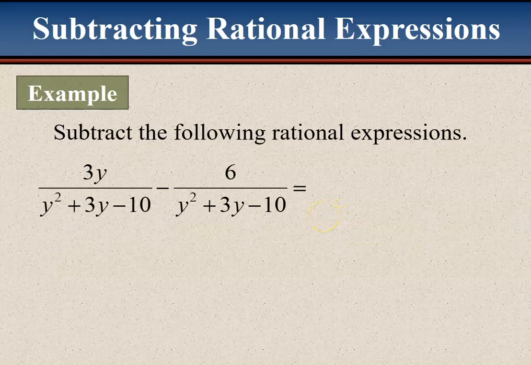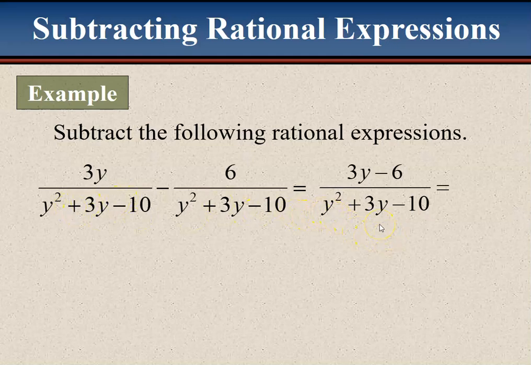Subtract the following rational expressions. We have 3y over y squared plus 3y minus 10 minus 6 over y squared plus 3y minus 10. How will we solve this one? We will have 3y minus 6 over y squared plus 3y minus 10, because both of them have common denominators.